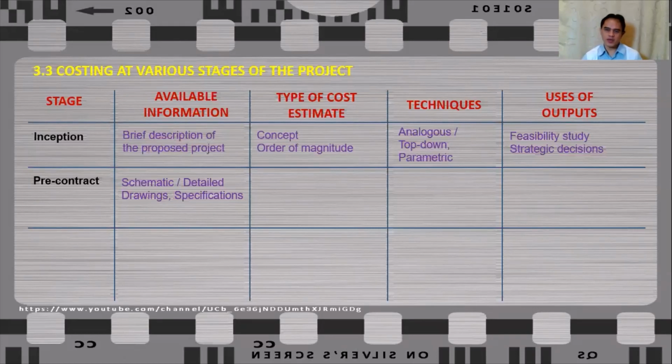And since you have a little bit more information during this period, you can carry out what we call a schematic estimate or detailed estimate or preliminary estimate. And the techniques that can be used for this type of estimates can be either bottom-up or elemental estimate, and also vendor bid analysis.